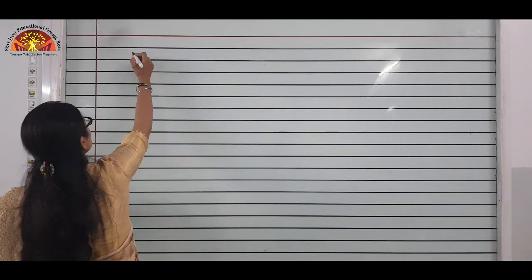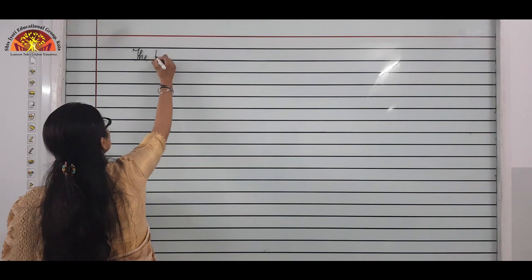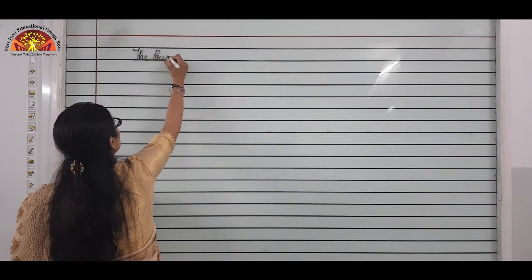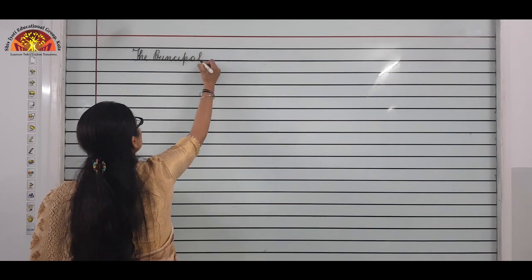Now students, after writing the question, you have to start the application from a new page. To whom we are writing this application, that is to the principal. So, in the very first line, you will mention the principal. Like this you have to write.